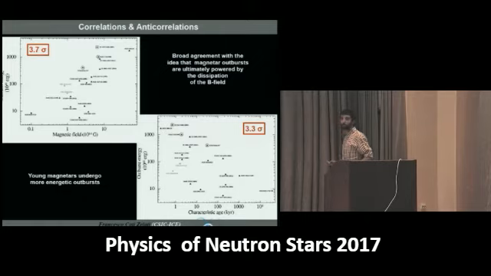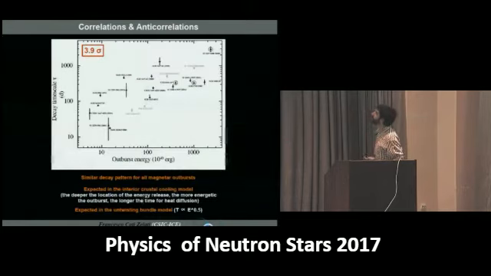Powerful events will be observed only for relatively young objects, whereas no powerful events will be observed, according to this plot, from relatively old magnetars, such as, for example, the X-ray dim isolated neutron stars. Last correlation I want to show you is the decay time scale of the outburst as a function of the outburst energy.